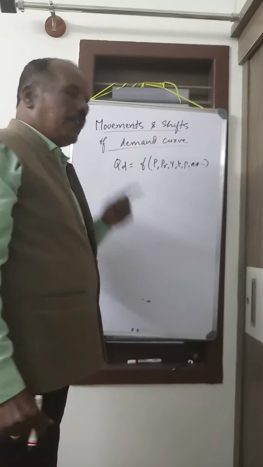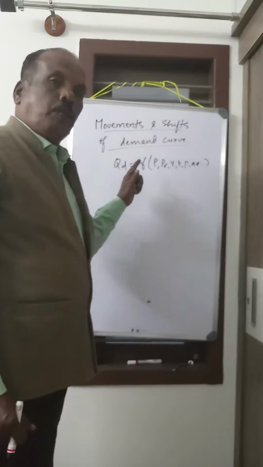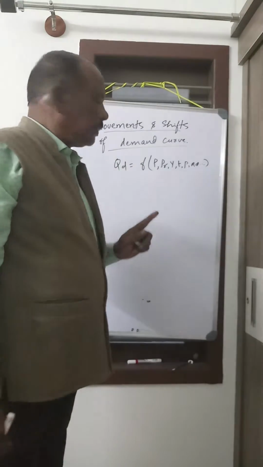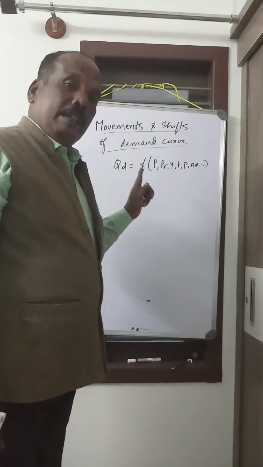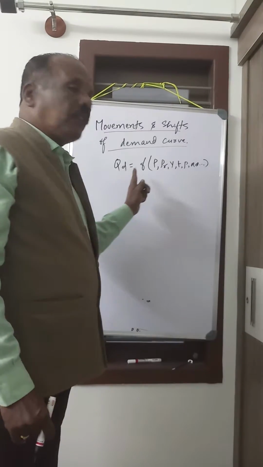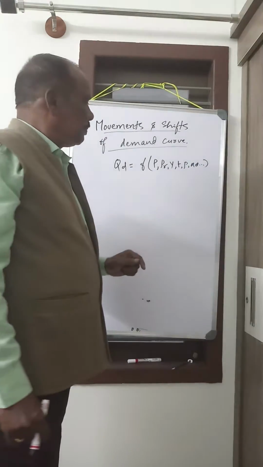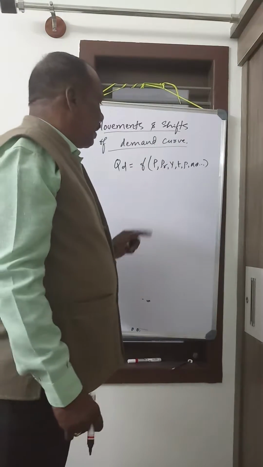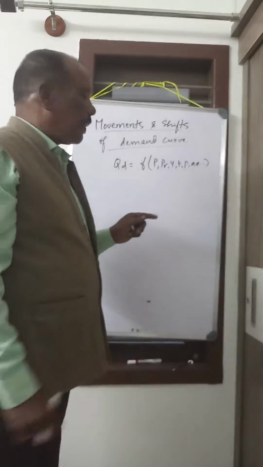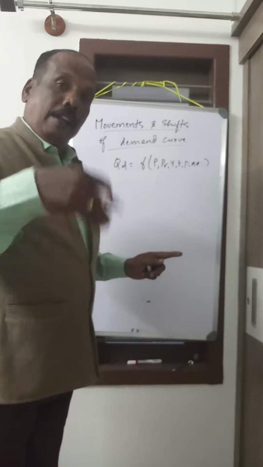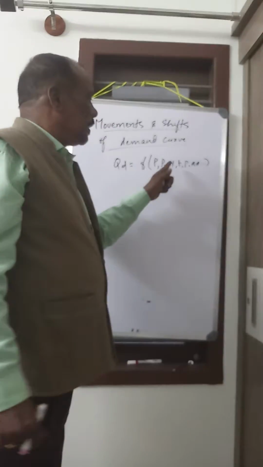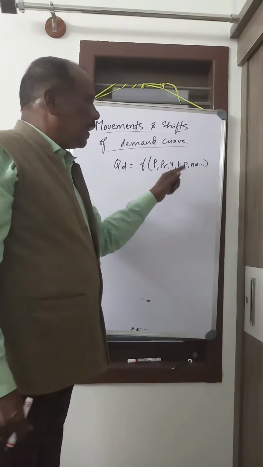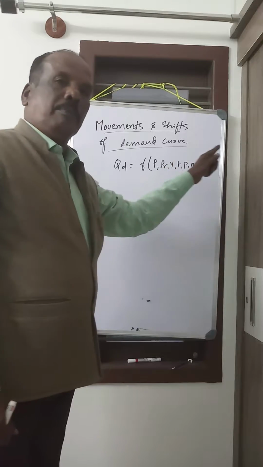What does this equation speak? It speaks that the quantity demanded depends on various factors, and these factors are called determinants of demand. The price of the concerned commodity, the price of the related goods, that is substitutes, income of the consumer, taste, preference, advertisement, etc.